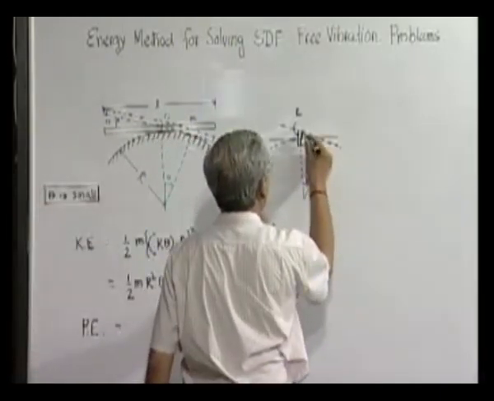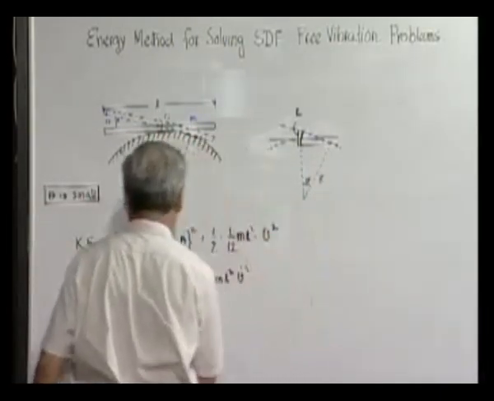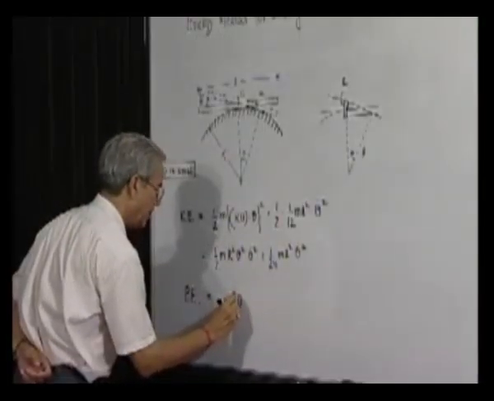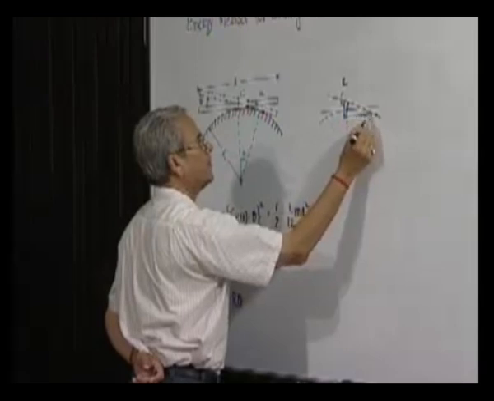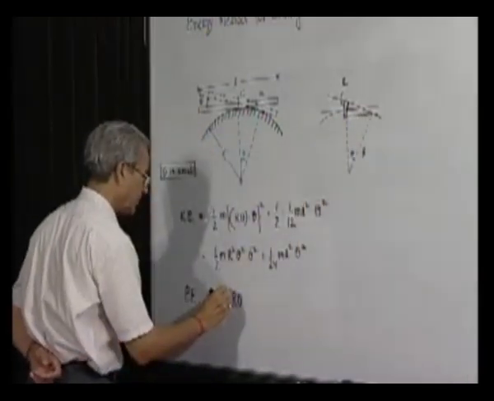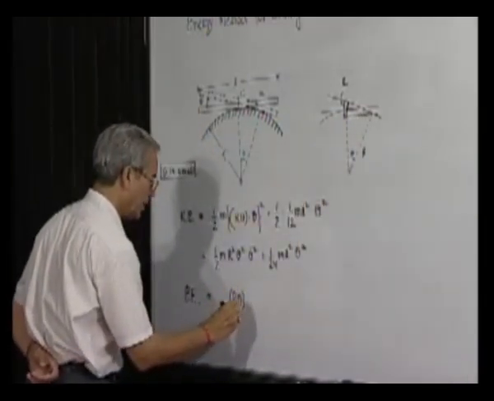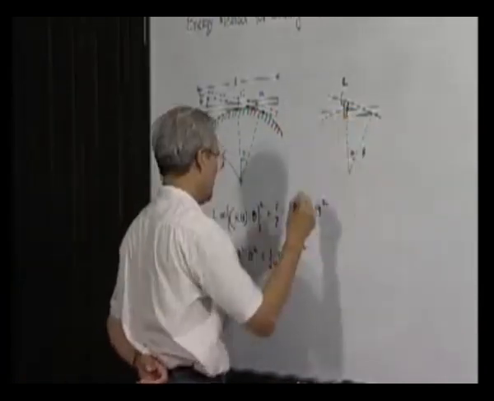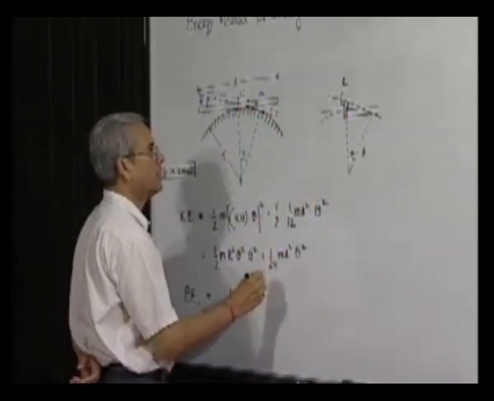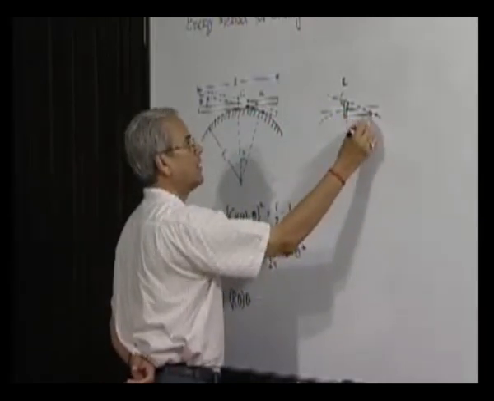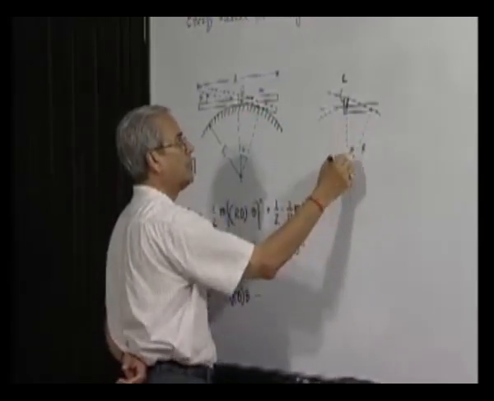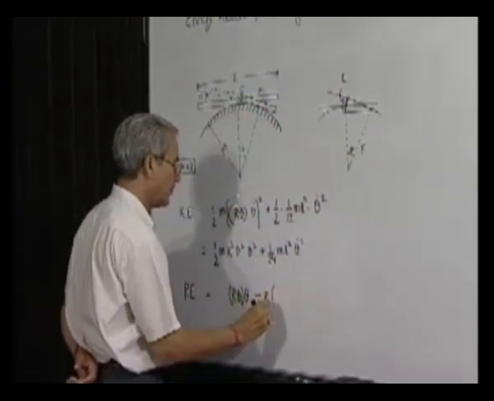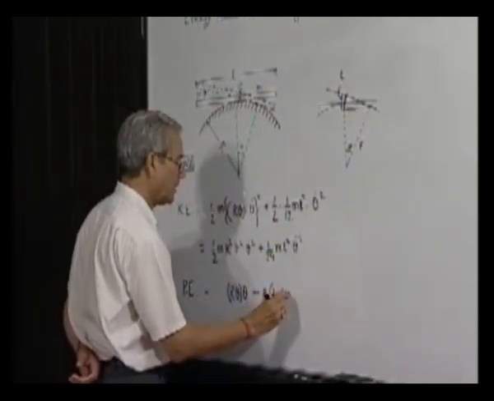So this approximately is equal to r theta, the arc length, minus this much, which is r cosine theta. So r minus r cosine theta, that is r into 1 minus cosine theta.